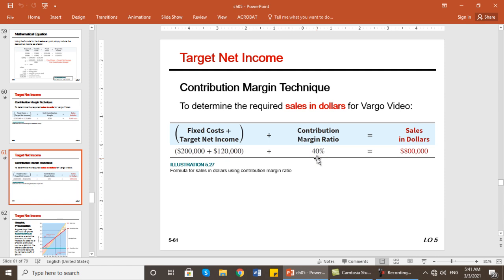So fixed cost 200,000 plus target net income 120,000 divided by 40% equals 800,000. We can achieve target net income if we reach a level of sales of $800,000.